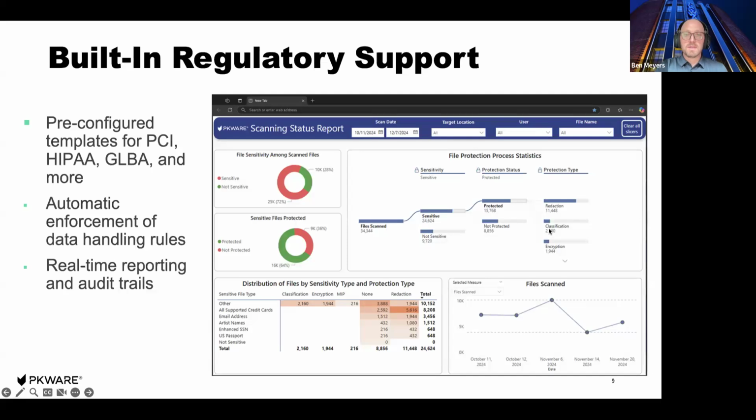This is a type of dashboard you can expect. What's sensitive, what's not. Of the files that we scanned, how many were sensitive? If they were sensitive, did we apply any protections? What were those protections? What patterns did we find? Over time, are we starting to see any increase in sensitive data?